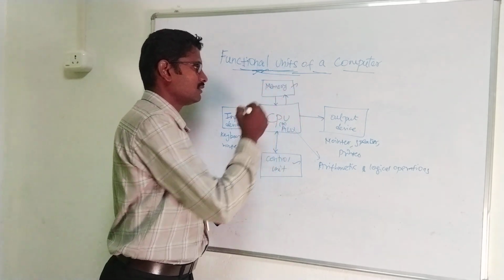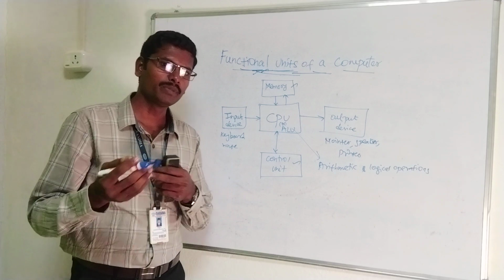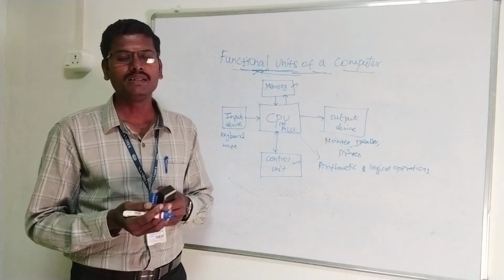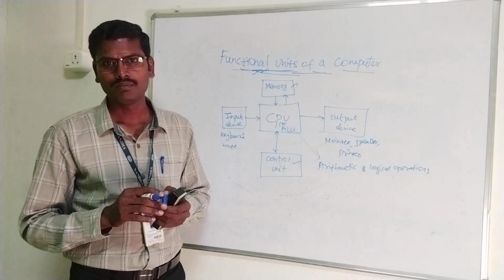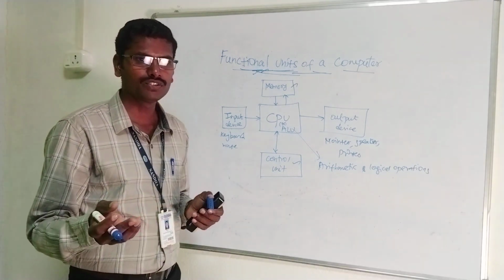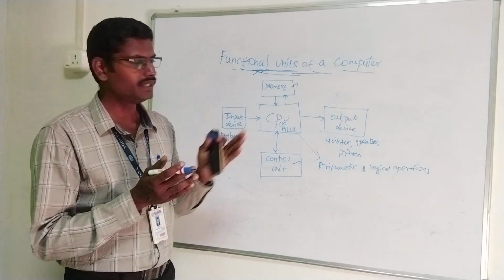Now memory. As I told in the previous video, memory is made of flip-flops, right? A flip-flop is a device used to store a single bit of data, right? So a group of flip-flops is known as memory.